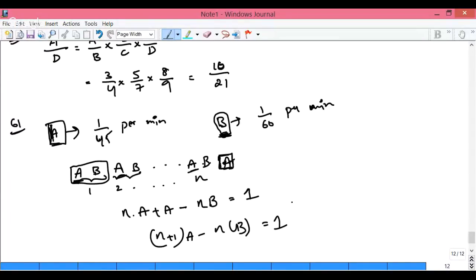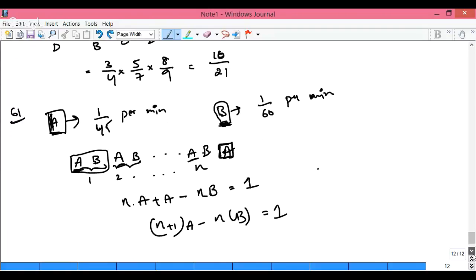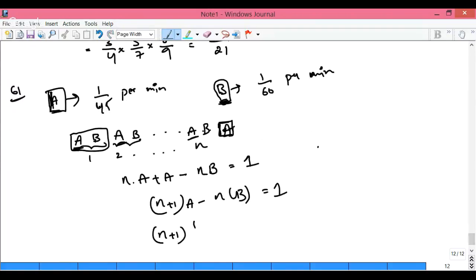Now what is the work of A? What is the work of A? (n plus 1) into 1 by 45, minus n, into what is the work of B? 1 by 60. It must be equal to 1.